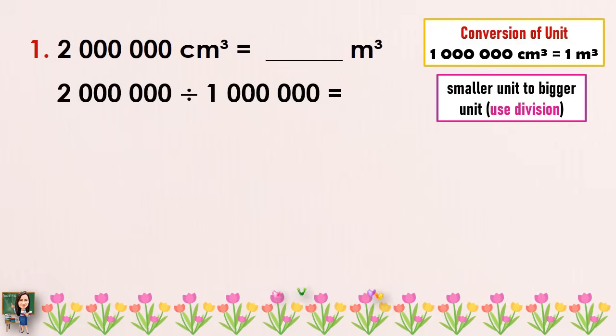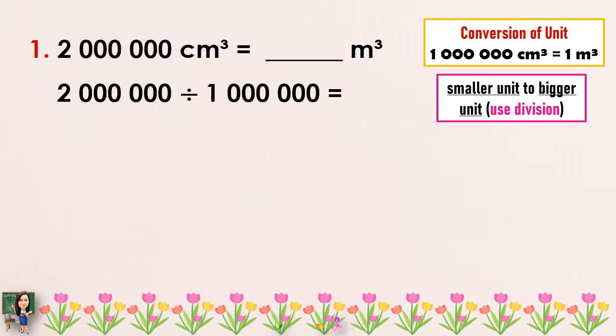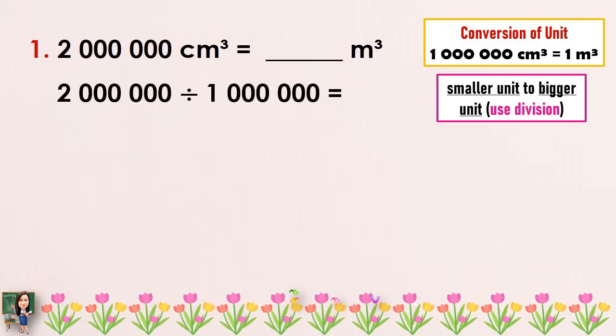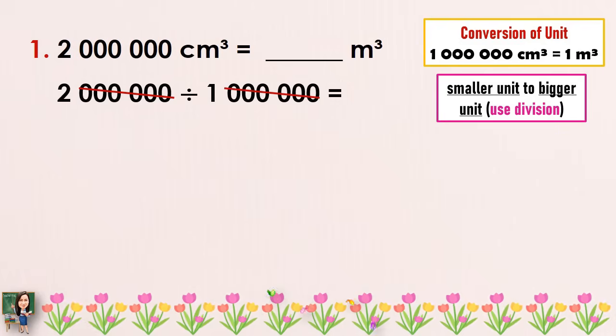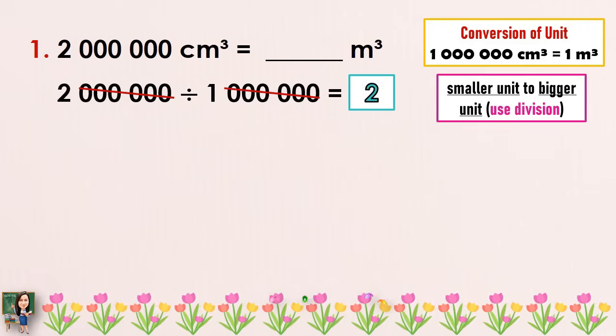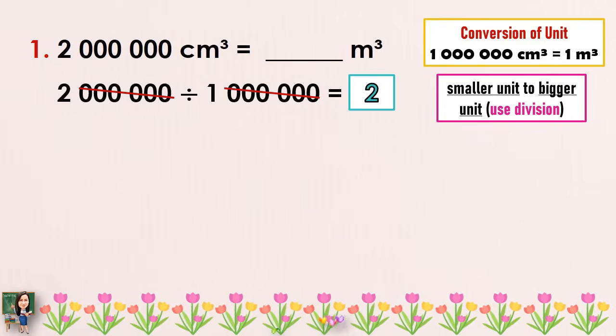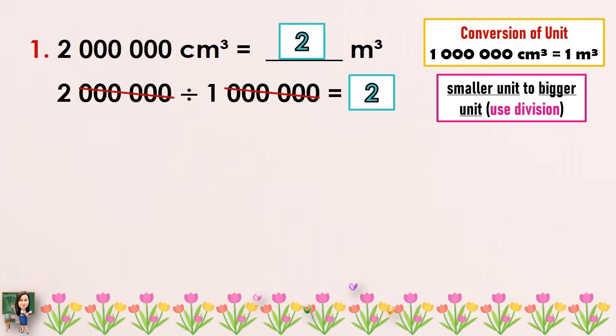So 2 million divided by 1 million equals, first cancel all the zeros. They have equal zeros. And now divide. 2 divided by 1 equals 2. 2 million cubic centimeter is equals to 2 cubic meters.